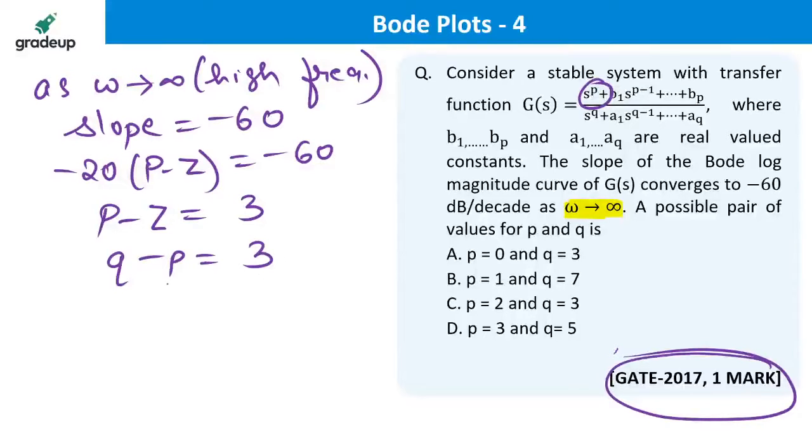Which of the options matches? Here it is 3, 7 minus 1 is 6, 3 minus 2 is 1, 5 minus 3 is 2. Only option A matches. Correct option is option A. These are simple, expected 1 marker category questions. Very simple.